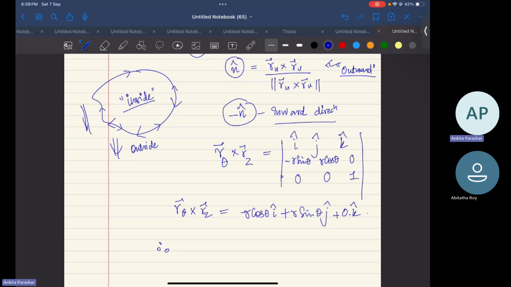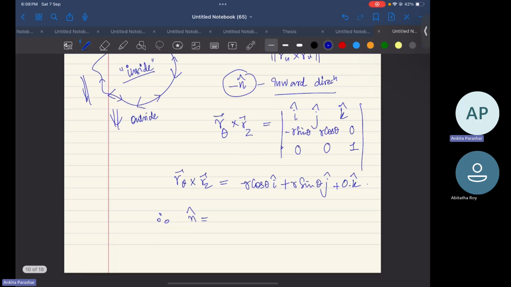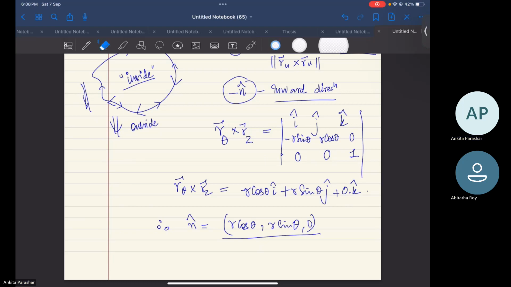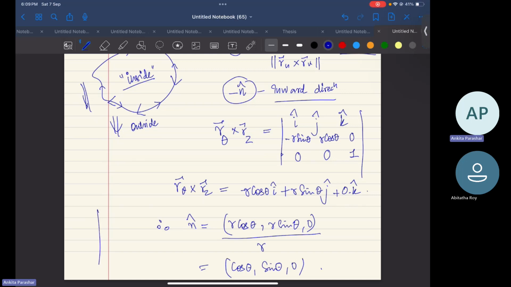Therefore, your normal vector or the direction you want is nothing but r cos theta, r sin theta, comma 0, and the norm of it is just r. Therefore, you will get cos theta, sin theta, 0. Let's look at the meaning. This would mean that suppose you have a circular region.